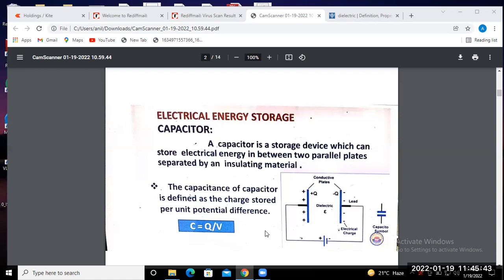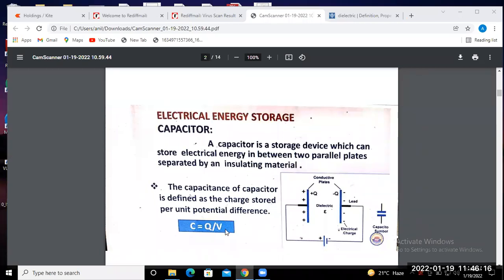So the capacitance of a capacitor is defined as the capacity of charge stored per unit potential difference. The unit of capacitance, as you know, is the farad, or maybe microfarad, that means 1 microfarad, 2 microfarad, that is 1 into 10 to the power minus 6.